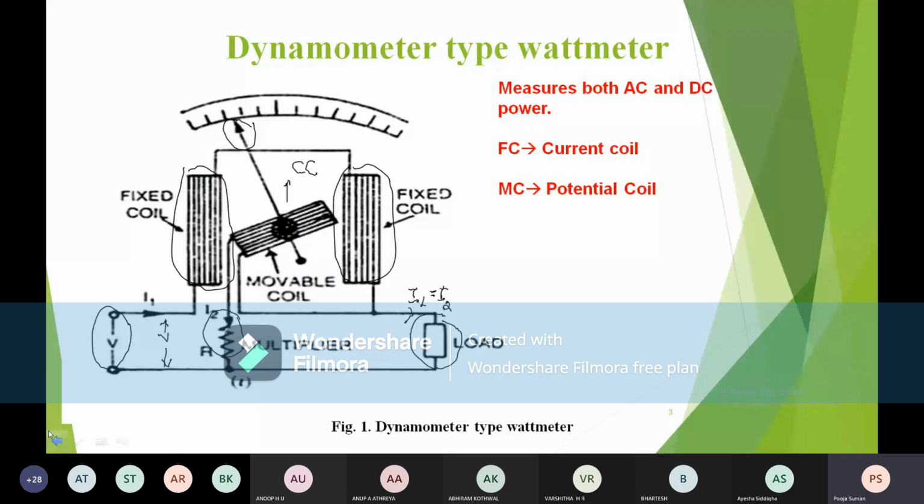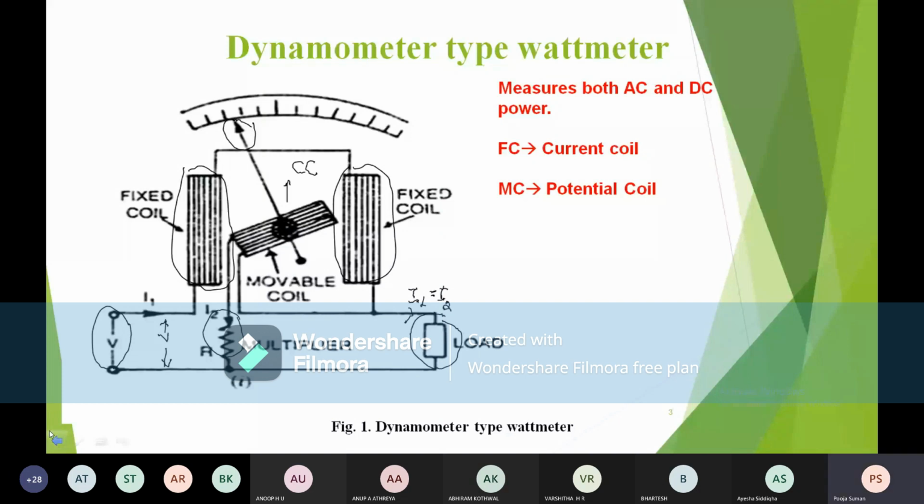Okay. What do we call the fixed coil? The fixed coil is also called a current coil.